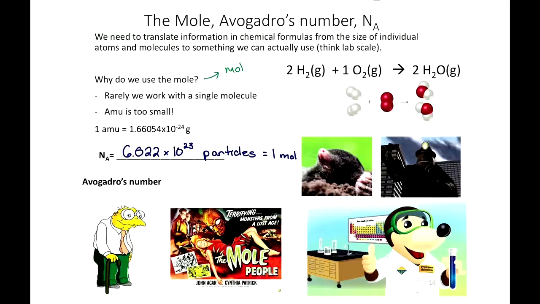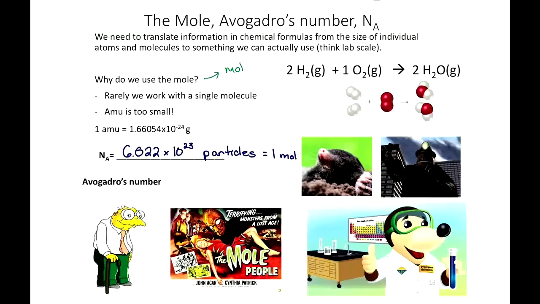And so the significance of the mole is, when we looked at this balanced chemical formula, we were able to say, okay, 2 hydrogen molecules combined with 1 oxygen molecule gave us 2 water molecules. So we can also talk about this reaction in terms of moles, because it's just a counting number.